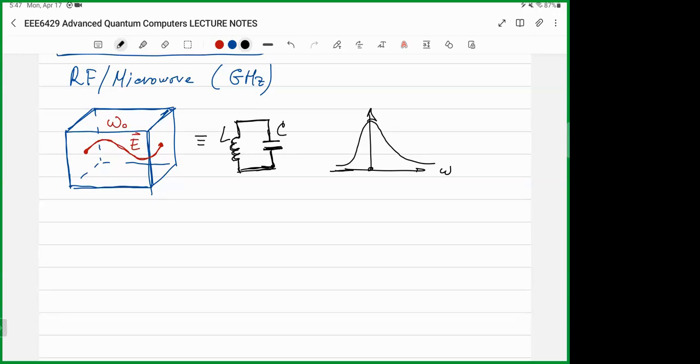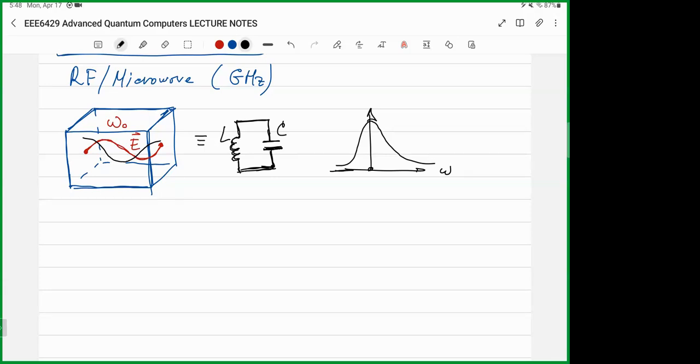For example, for this distribution of the electric field, you would get a distribution of the magnetic field, and inside the cavity you get exchange of energy from one form to another, from electric field to magnetic field, back and forth in time.